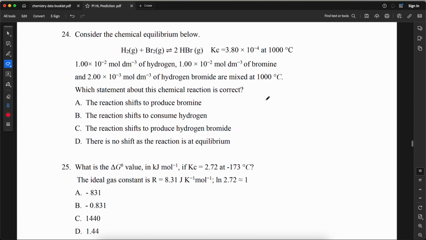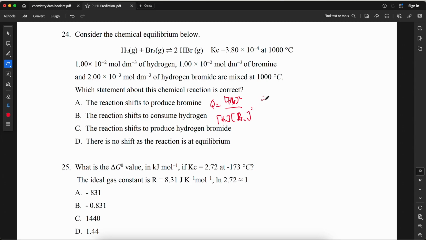Consider the chemical equilibrium below. The concentrations of hydrogen, bromine, and hydrogen bromide are mixed at 1000 degrees Celsius, and Kc is known. Now which statement about this chemical reaction is correct? So Q is HBr to the power 2 over H2 and Br2.